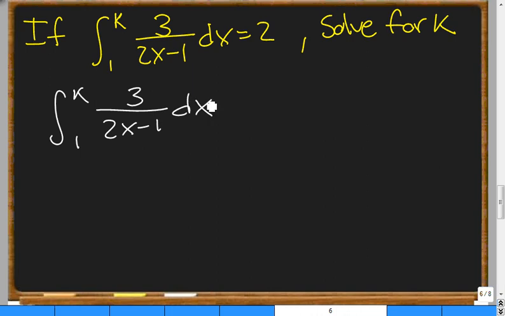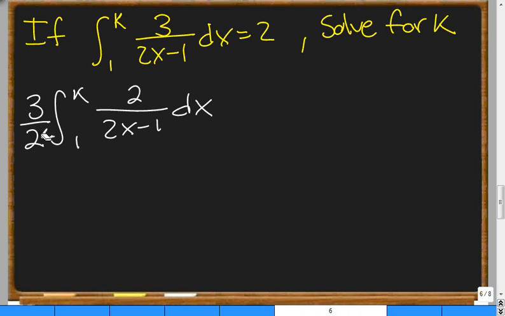So here, we need to turn this into an equation that we can use. So we notice that this is kind of a natural log type form. So we've been showing you guys to take 3 out. Now the derivative of the denominator is 2, so that needs to be up here. So we end up dividing by 2 as well, because these have to cancel each other.